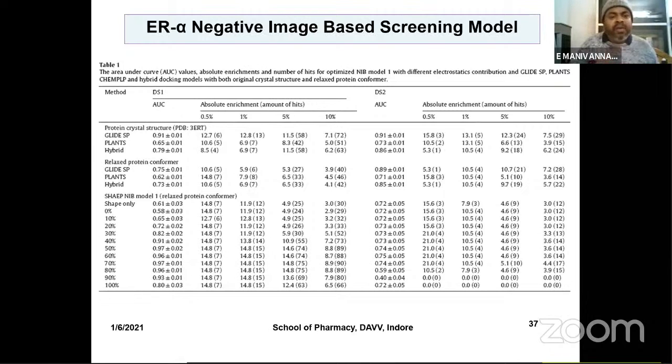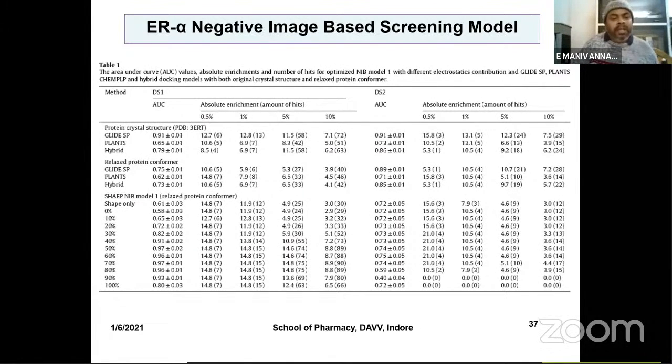And you can see the negative image based screening model. This shows the shape only program, the ligand binding cavity with only shape, which shows 0.61 AUC. When electrostatics is added to the negative image based ligand binding cavity, with addition of 0%, it is 0.58, and then with addition of 10% electrostatics, the AUC improves.